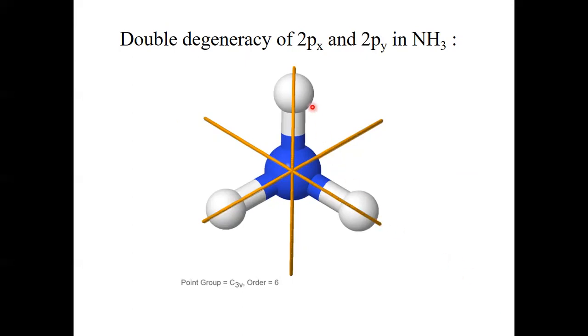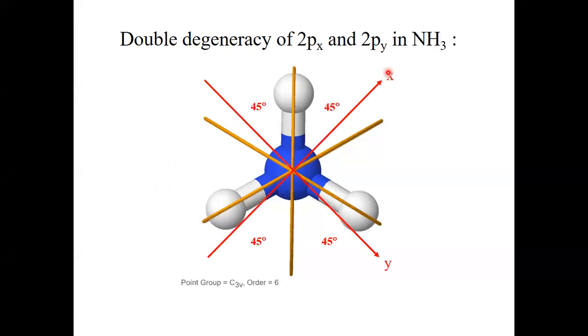And you see here the three vertical mirror planes in the molecule, which go through the three nitrogen-hydrogen bonds, respectively. So now we can do a little trick. We can actually rotate the coordinate system by 45 degrees. Okay.